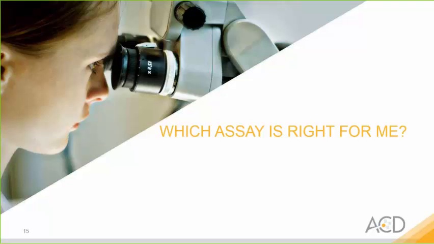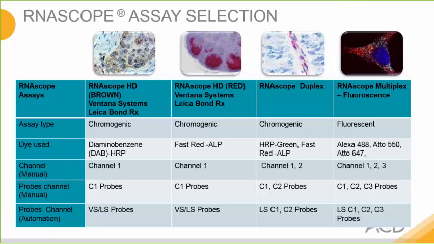Okay, so which assay is right for me? There are 4 different types of manual assays to choose from. The 2 main categories are the chromogenic assays and the fluorescent assays. The chromogenic assays are either singleplex or can also duplex.